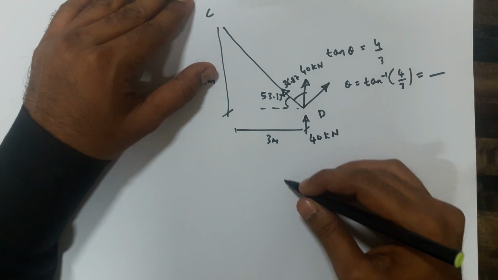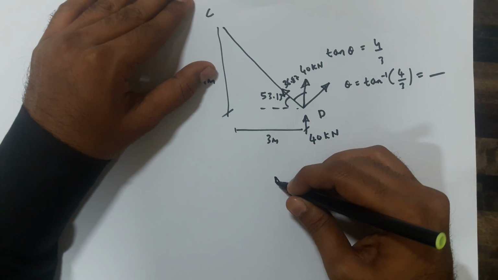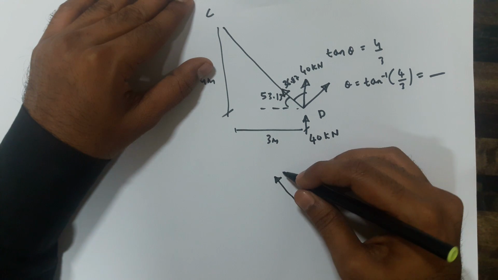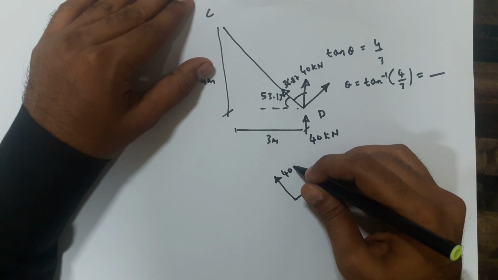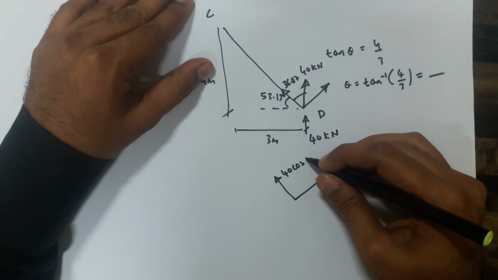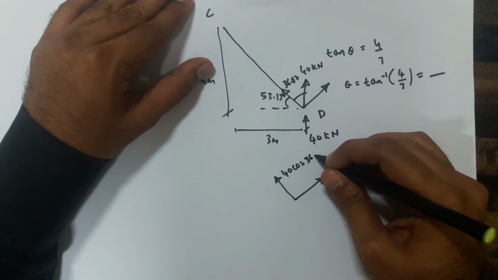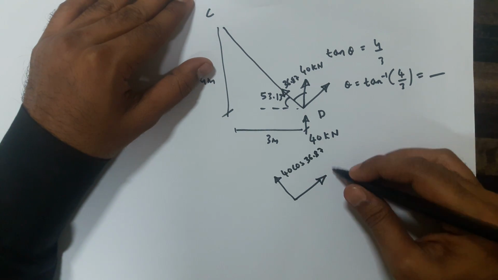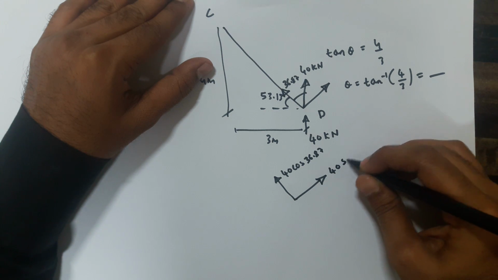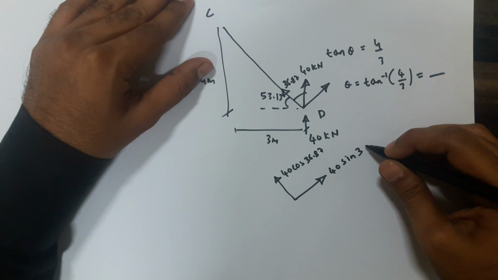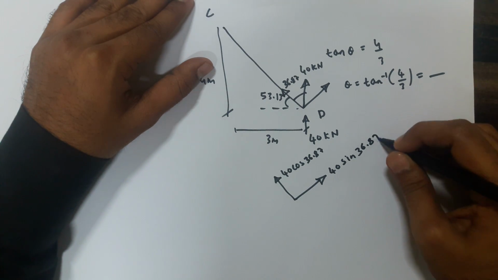So again I will draw here like this, along the member, perpendicular to the member. Along the member 40 cos 36.87, perpendicular to the member 40 sine 36.87.